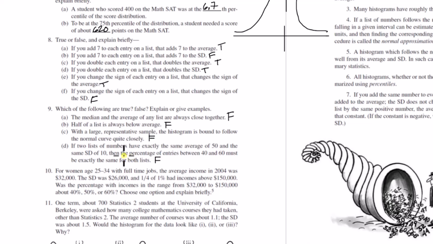But the way we've been talking about it is that we've got two general lists of numbers that you can assume follow a normal distribution. It's not exact. So if you could assume that they both follow the normal distribution and they both have the same average and standard deviation, could we say that the percentage of entries between 40 and 60 is exactly the same for both lists? No. We could assume that the percentage would be pretty close, in the same ballpark, but exactly the same? No.